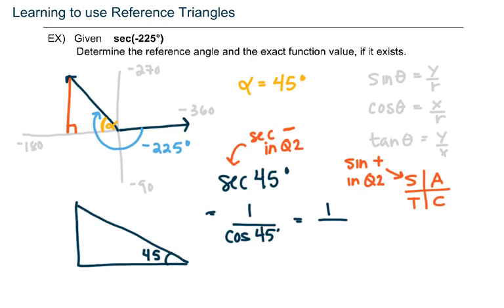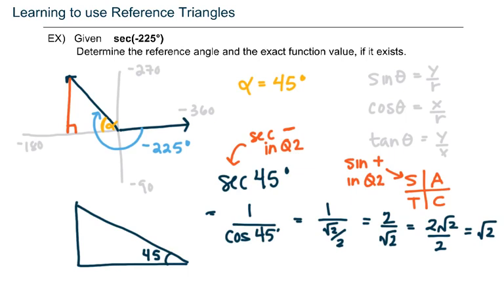So this is 1 over root 2 over 2. Simplifying that, dividing by that fraction, copy, change, flip, I have 2 over root 2, which rationalizes to 2 root 2 over 2, or just the square root of 2.